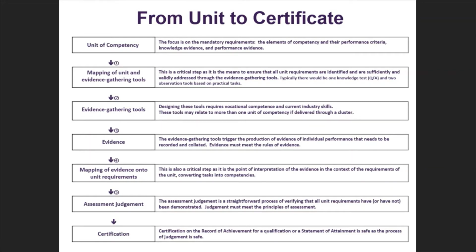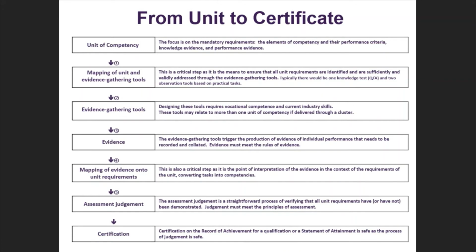And you can look at the matrix and you can look down a column and say, first, are all the unit requirements listed? If they're not, fix it up so that they are all listed. Then we look across each line for each component, and we say, is evidence being gathered for each of these requirements? Where is this evidence being gathered?